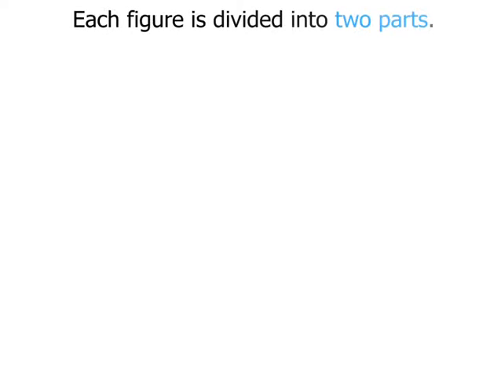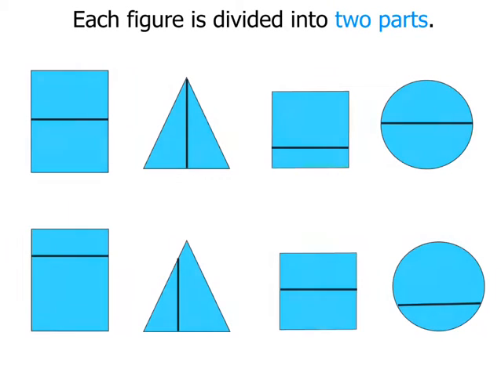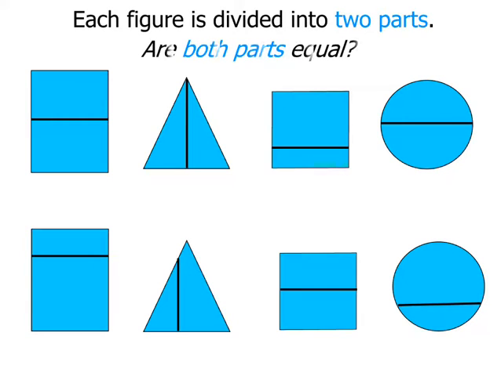Now each figure is divided into two parts. Let's check whether they are halves or not. Are both parts equal or not? The first figure is divided equally, so both parts are equal. But the figure below it is not divided equally, hence the two parts are not equal.